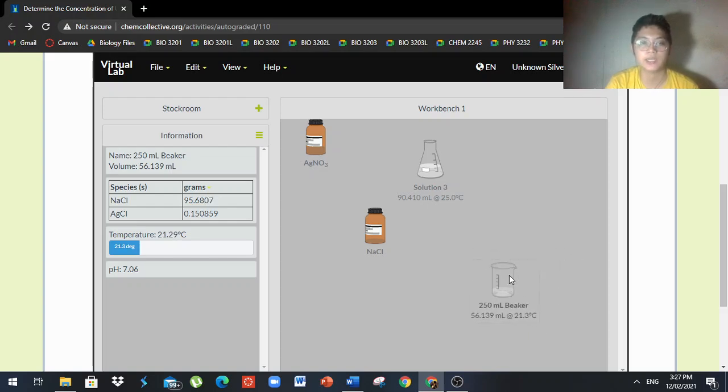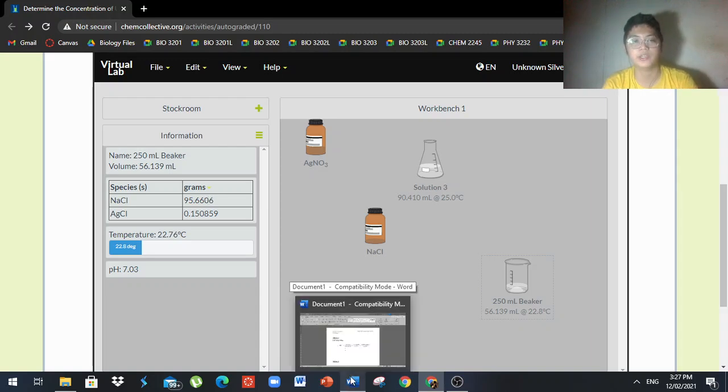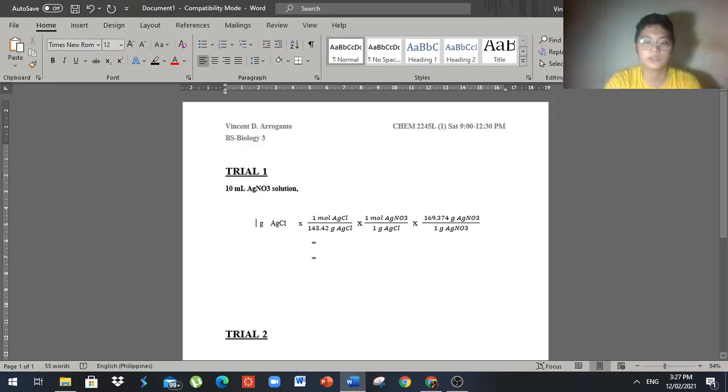Then as you can see, our AgCl is around 0.1509 grams. So we're going to put it in our data, 0.1509. Here we have a constant, the molar mass of AgCl, 143.42, and the AgNO3, which has 169.374.